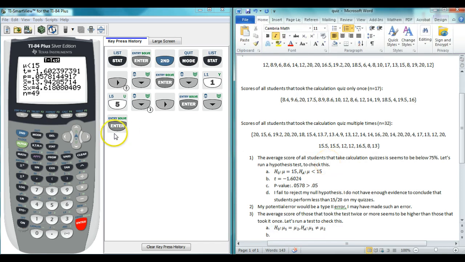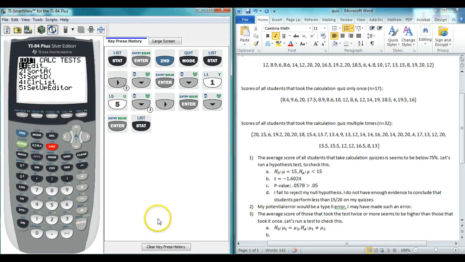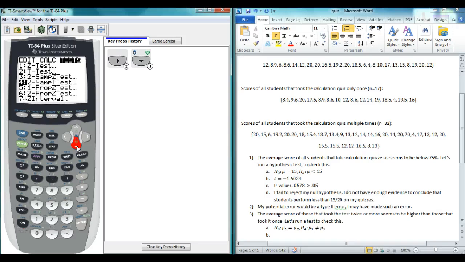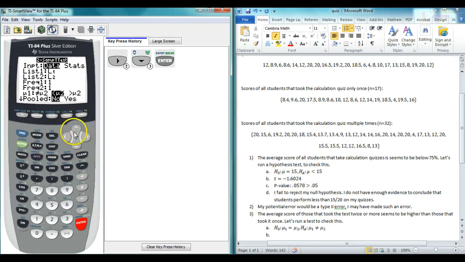Okay, let's go run a test to see how this works. Remember, my L2 is those who took it only once, and L3 was those who took it multiple times. So when I come in here for this t-test, let me clear my key press history. I'm going to calculate a test, and this time I'm going to do a 2 sample t-test, because I have 2 groups that I'm trying to compare with each other. I'm going to insert data.